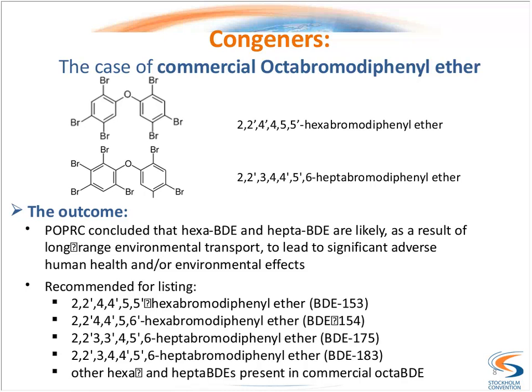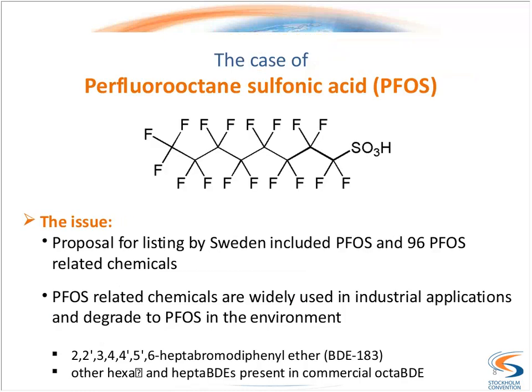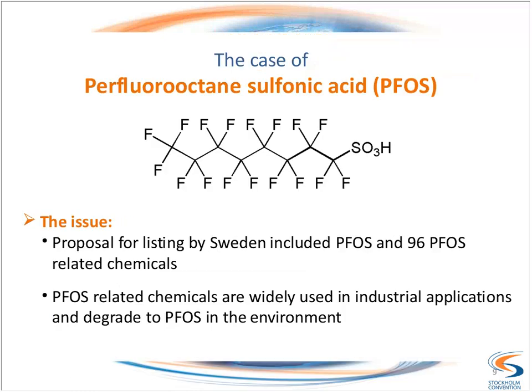No, you have a mixture of chemicals, and then the question is how to assess their POPs properties, and how to list. And that I've shown now for lindane, commercial penta, commercial octa. But now we come to PFOS.